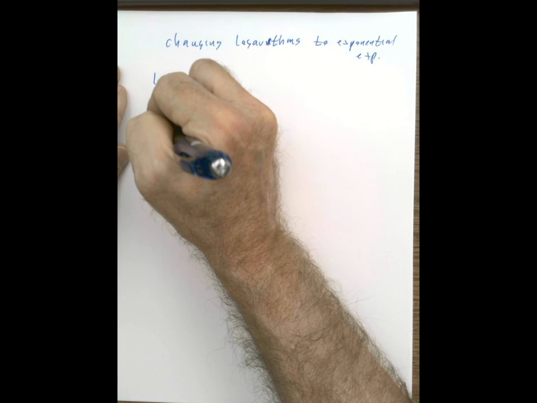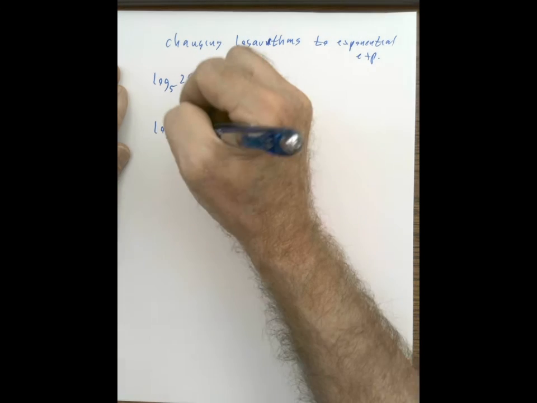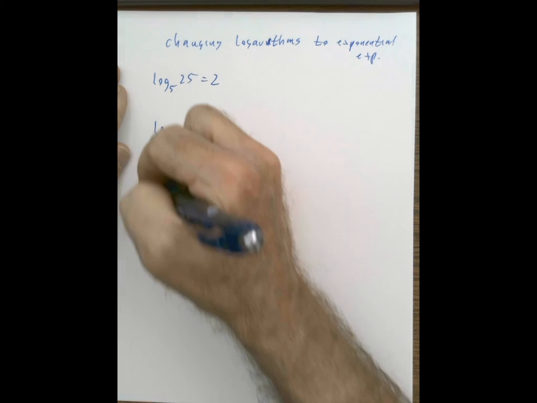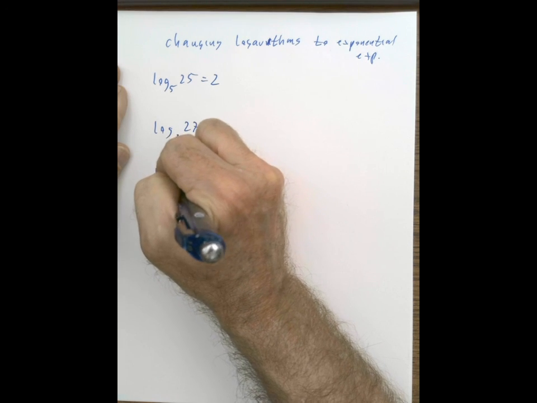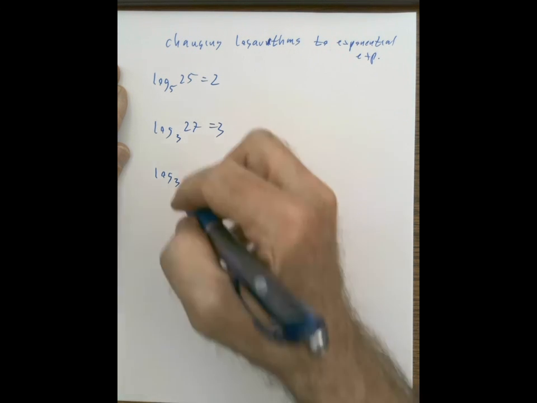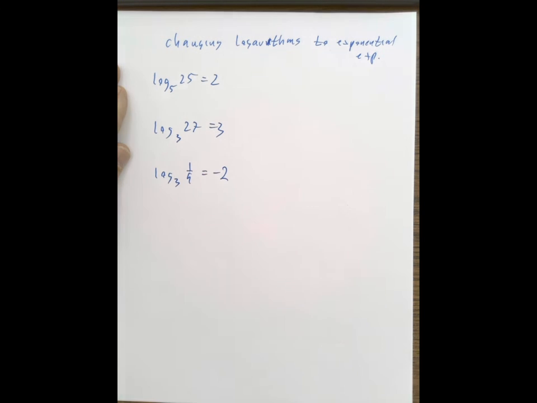How about log base 3 of 27 is equal to 3? How about log base 3 of 1/9 is equal to negative 2?